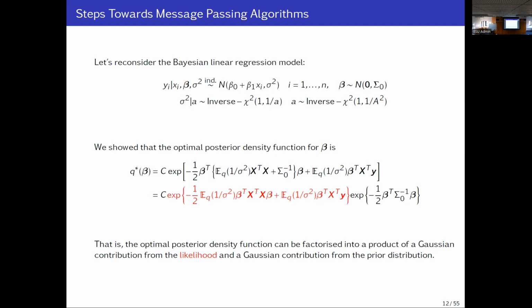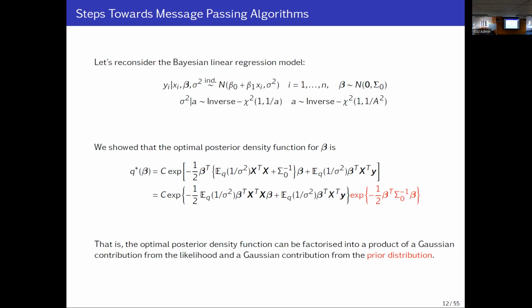Well, it has a contribution from the variance parameter there, the Q expectation of 1 on sigma squared. It has contributions from the design matrix X, and from the observations themselves, the vector of Y's. The second component is completely from the prior specification, where that variance component is the variance that we placed over the prior of the beta parameters.